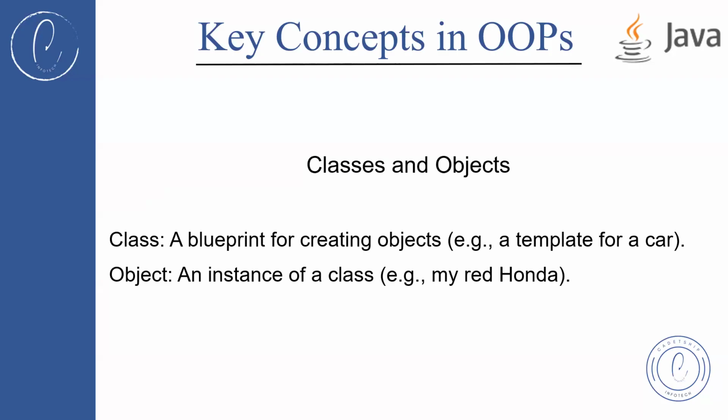As we can see in our example, here we have a template for a car. Let's assume we have so many cars. They have different characteristics and different behavior, but something is the same about them: they have a name, a model, and some type of color.